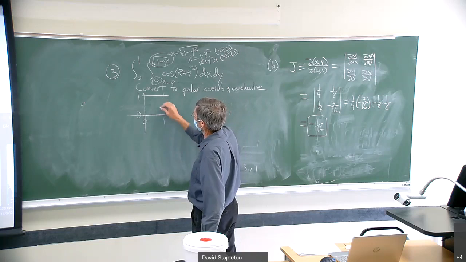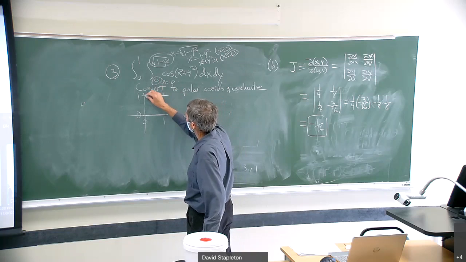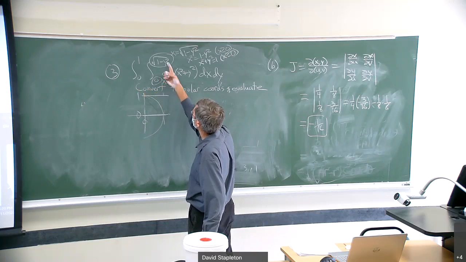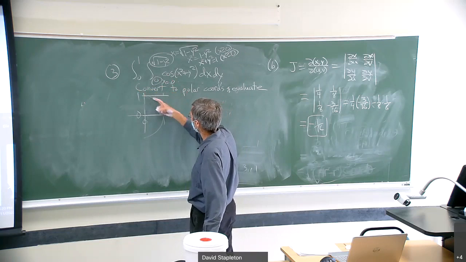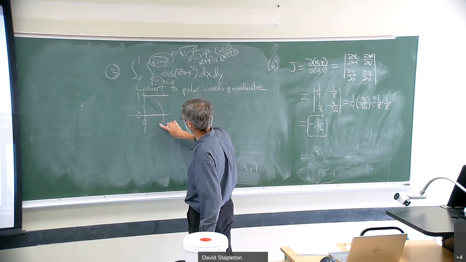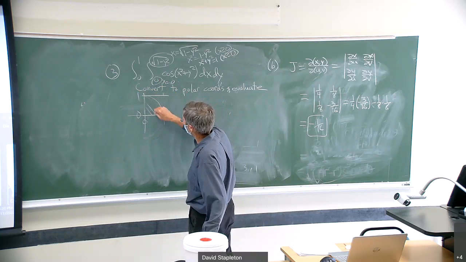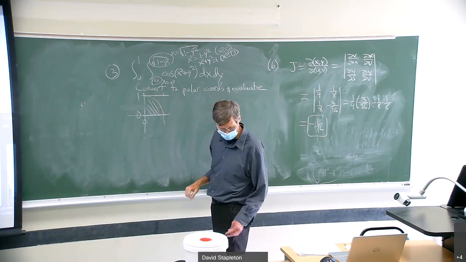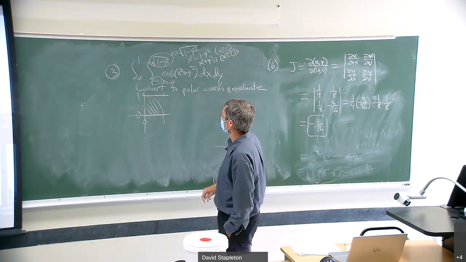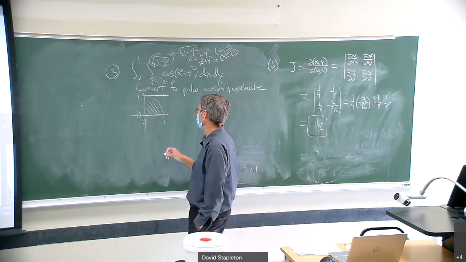So it's the right side of the unit circle. It's from y equals 0 to y equals 1, so we leave this part out. So this is the region we're interested in here. And we just want to switch that to polar coordinates. How do we do that?